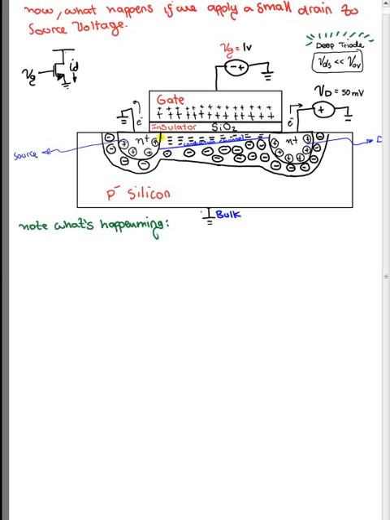Then the next thing that happened was that the depletion region at the drain to bulk junction increased in size. More fixed charges were uncovered. The third thing is that there is now an established electric field from drain to source, which creates a drain current going from right to left.